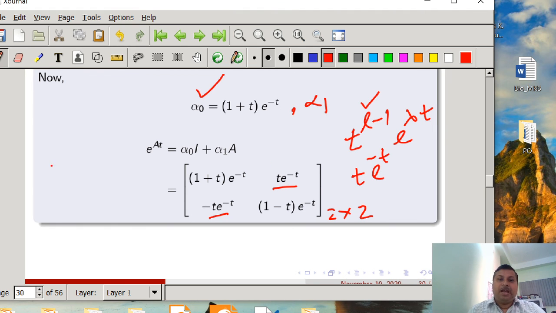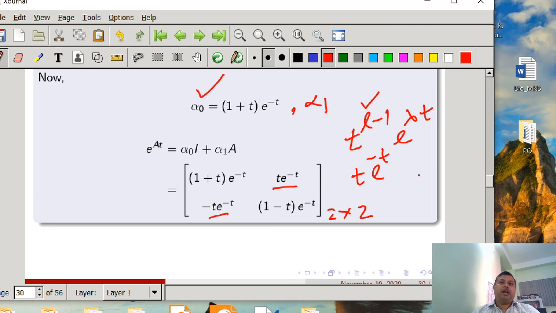Okay, so I will summarize what we have discussed in today's lecture. First, we started with a linear time invariant system, and then I told that we can solve it in two ways, that is using the Laplace transform approach that we have discussed, and then the time domain approach. We understood that if we want to utilize the time domain approach, then we have to compute the matrix exponential, which is known as the state transition matrix, that is e to the power At.